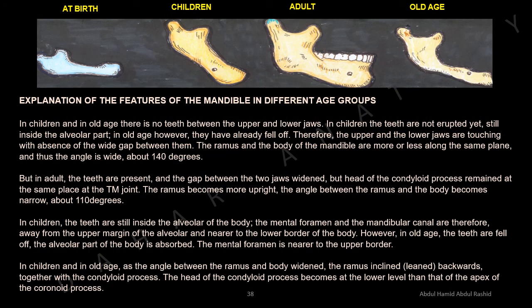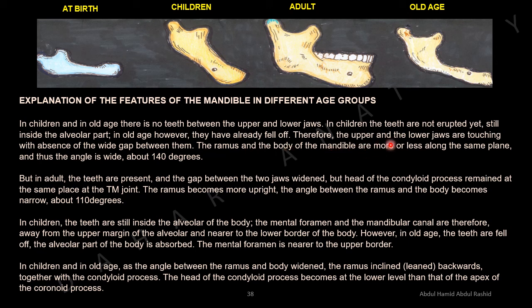Explanation of the features of the mandible in different age groups. In children and in old age, there are no teeth between the upper and lower jaws. In children, the teeth are not erupted yet, still inside the alveolar parts, and in old age, they have already fallen off.